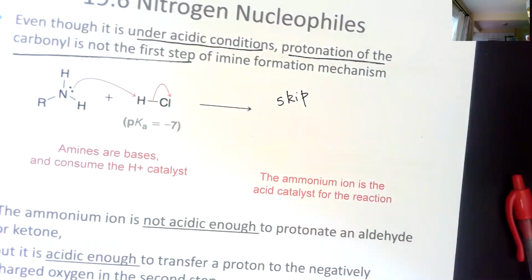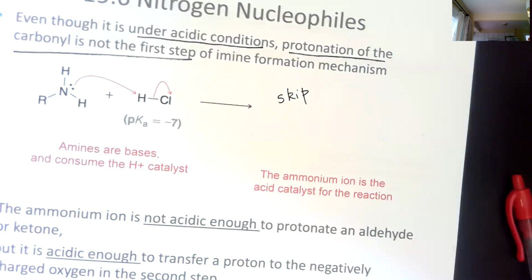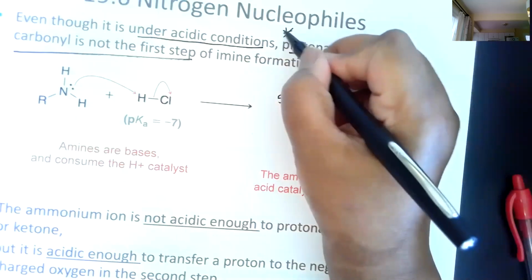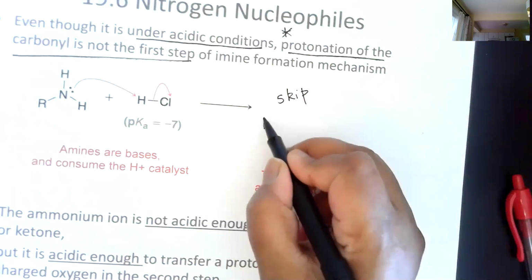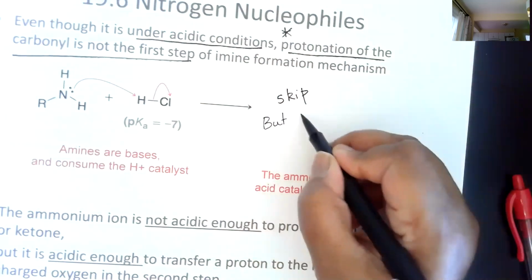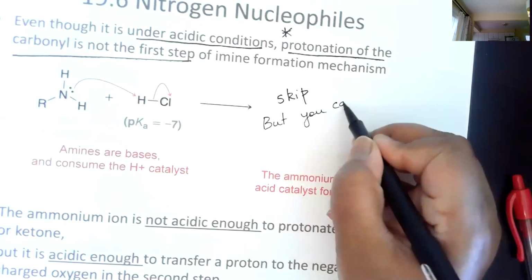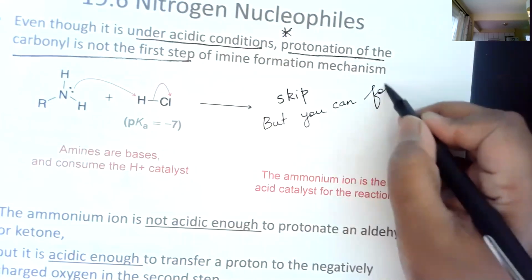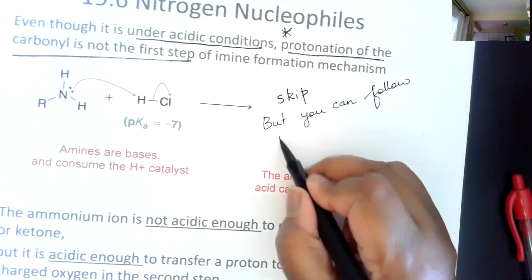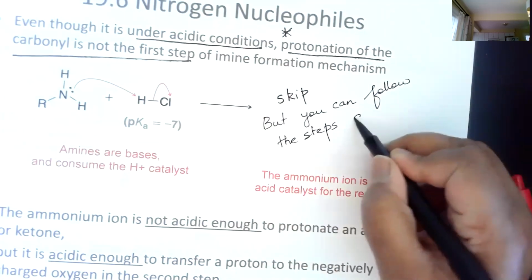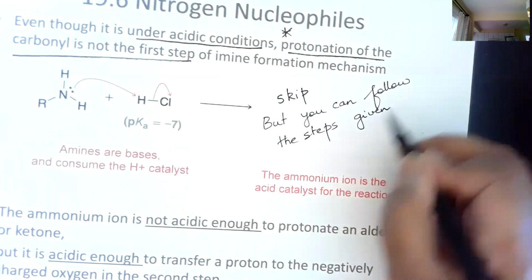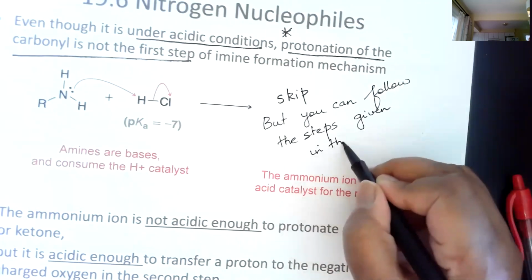So just assume, or no, I should say no, protonation is not usually the first step, but you can follow the same mechanism that I gave you in the last slide.